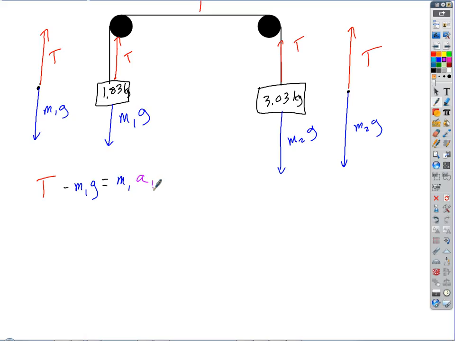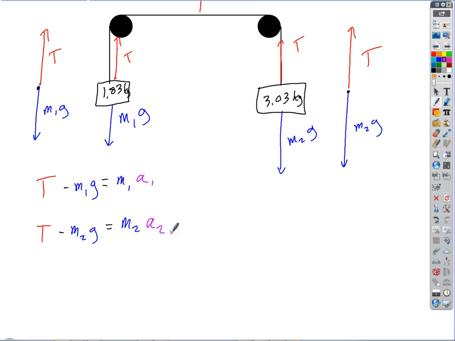What about the equation of motion for object 2? T minus M2G equals M2A2. But I want to ask you about this.